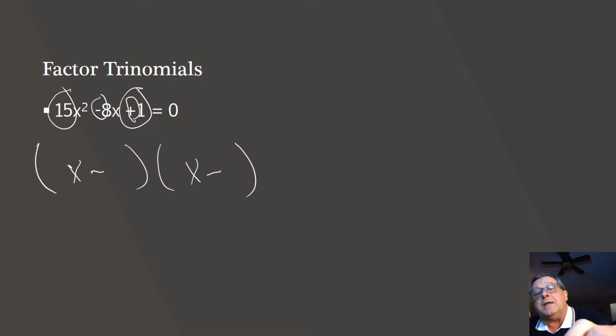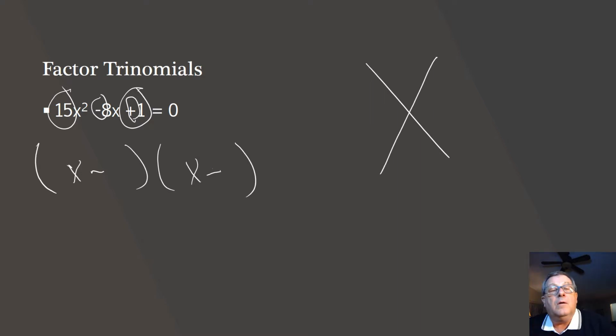And so in a way, this is very similar in that I'm looking for, well, I know over here it's got to be 1 and 1. Negative 1 times negative 1 is going to give me positive 1. So I've just got to figure out what I'm going to put as a coefficient in front of these two x terms. And I need two numbers that are going to multiply to 15 in this case and add to negative 8.